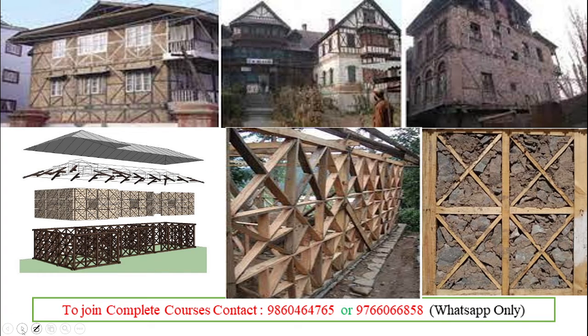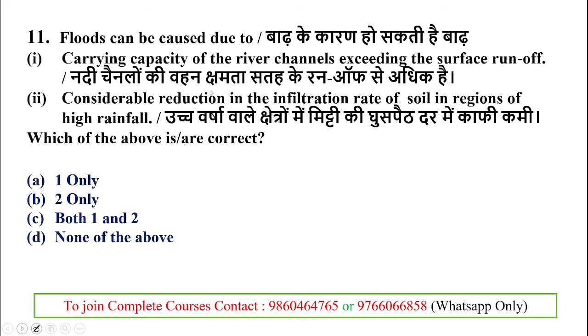Clear? And then the next question is related with floods: floods can be caused due to, or what is the reason for floods in some areas. The statements given: first, the carrying capacity of the river channel is exceeded by the surface runoff.